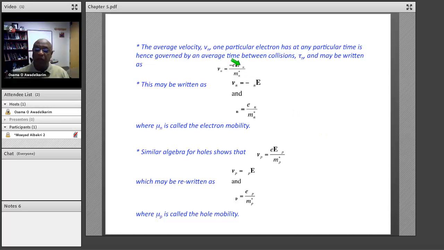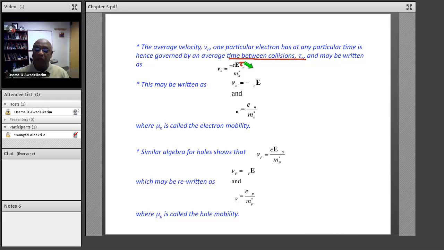So if I use that concept, then I can write my velocity using this average time, which I'm going to call tau. So V_n is minus e, capital E, tau_n over m star n. This tau_n is the average time between collisions for electrons. So the velocity increases over this time, and then it goes back to a low value and then increases again.